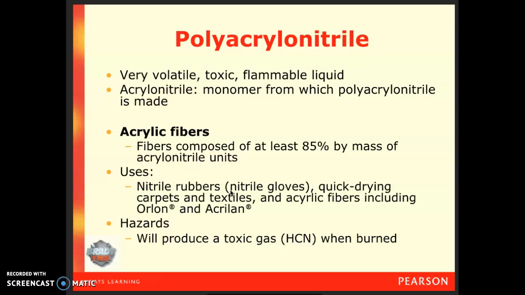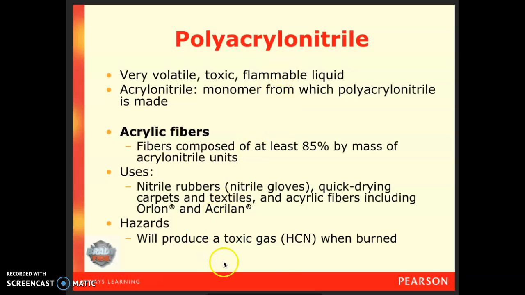Quick drying carpets and textiles, things that have moisture wicking technology in them, usually use polyacrylonitrile as the means of production. Brand names for some of those carpet products are Orlon and Acrylan. These are brand names owned by the DuPont company, and have been around for many, many years in carpeting especially.